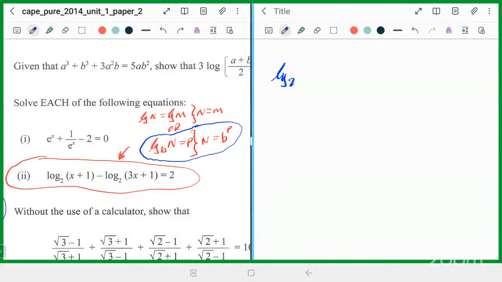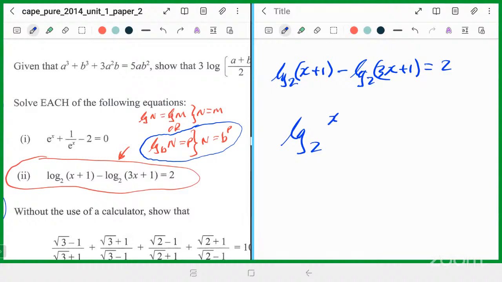Log to base 2 of x plus 1, minus log to base 2 of 3x plus 1 is equal to 2. When you subtract logs with the same base, it becomes the log of the quotient at that same base. So this side becomes the log to base 2 of x plus 1 divided by 3x plus 1. And that is all equal to 2.